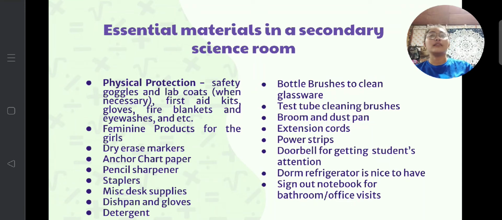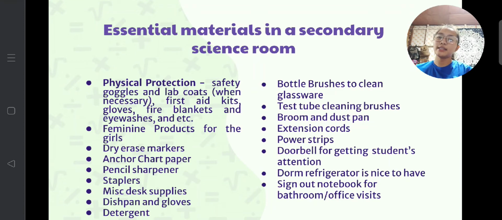So now the next is the feminine products, of course, for the girls, and dry erase markers, anchor chart paper, pencil sharpeners, staplers, miscellaneous supplies, the dustpan, gloves, the detergents for hand washing, of course, the bottle brushes to clean glassware, the test tube cleaning brushes, broom and dustpan, then extension cord, the power strips, doorbell for getting the students' attention, of course, when they are so noisy inside the room.